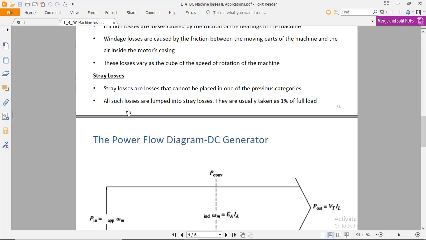The particular loss we declare due to which the efficiency is decreased, and all such losses are lumped into stray losses. It means the negligible losses that cannot be identified we assume or call stray losses. We can reduce losses but cannot eliminate all kinds of losses.